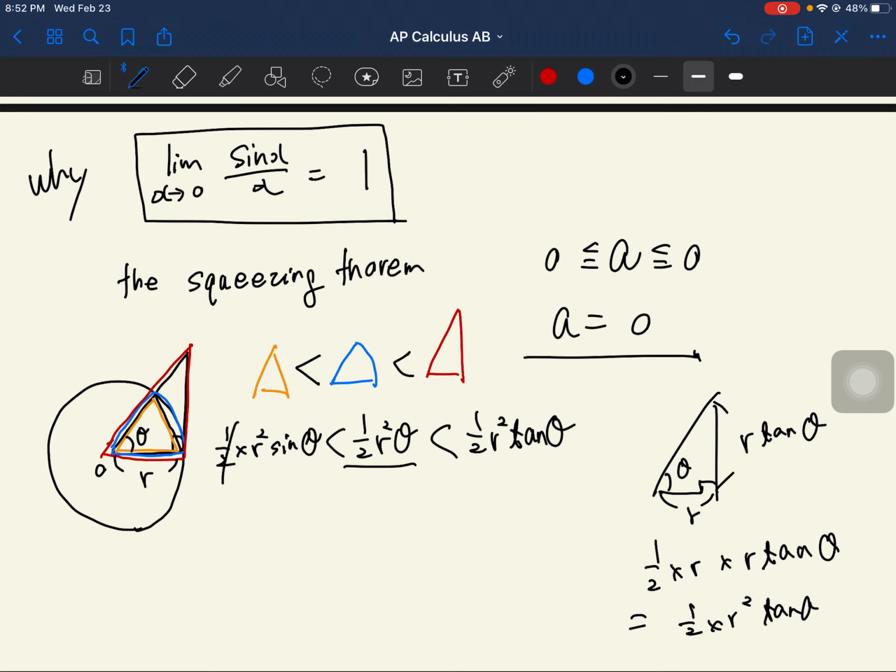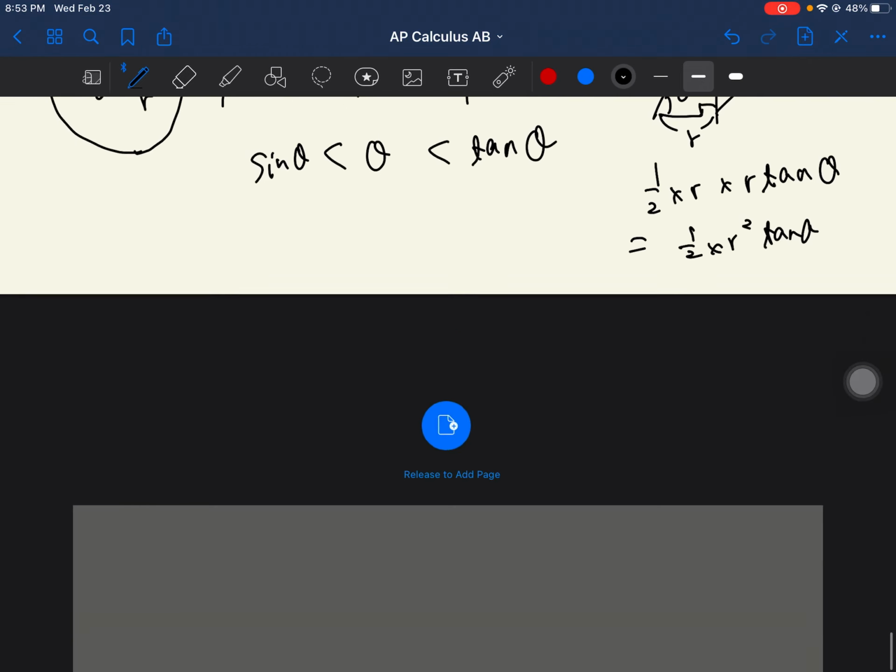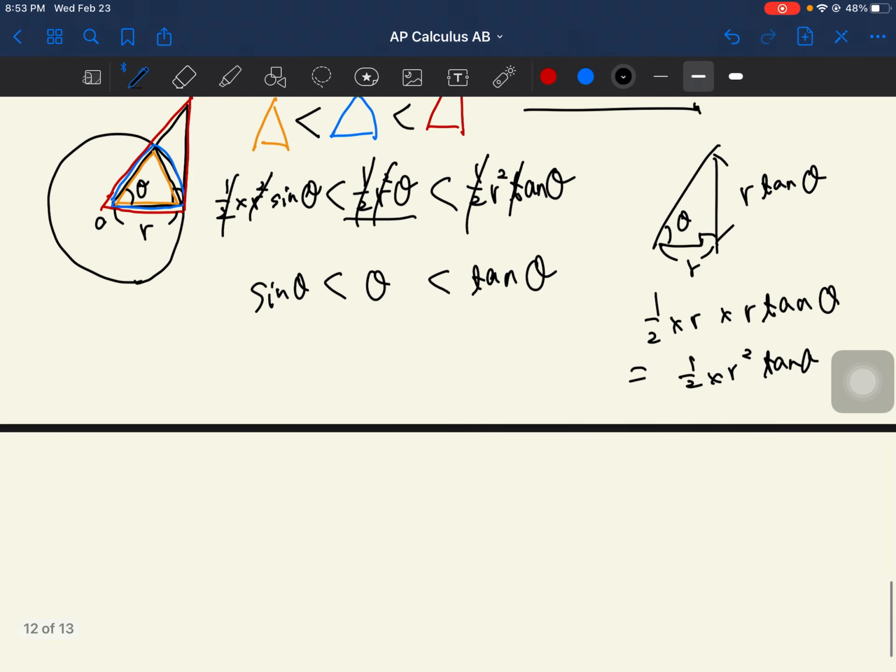Then we can cancel out 1/2 for everything, and also r squared. Now it became sine theta, theta, tangent theta. We can still cancel something, because tangent theta is sine theta over cosine theta.